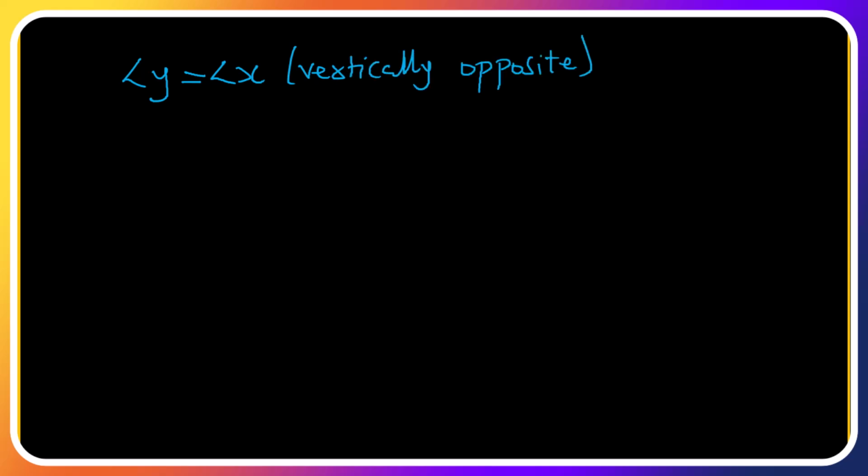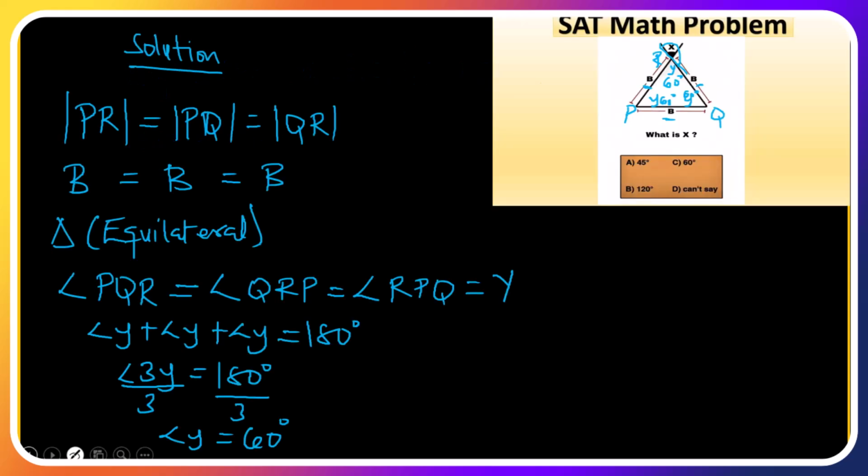Angle Y measures 60 degrees, so 60 degrees is equal to angle X. Let's check from the options the one that suits best. So angle X is 60 degrees, and this is the correct option.